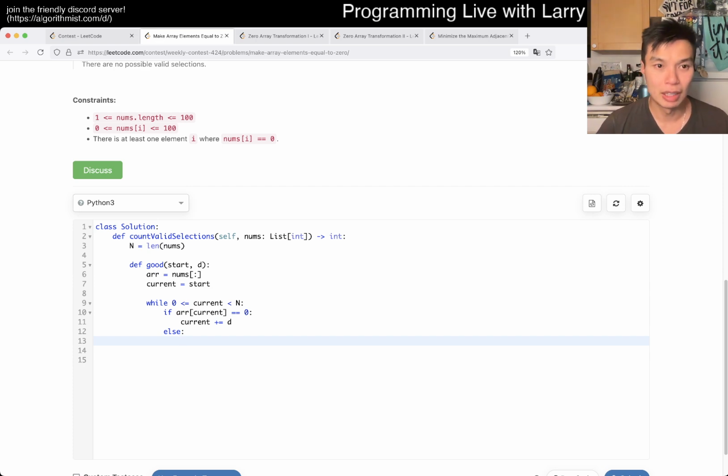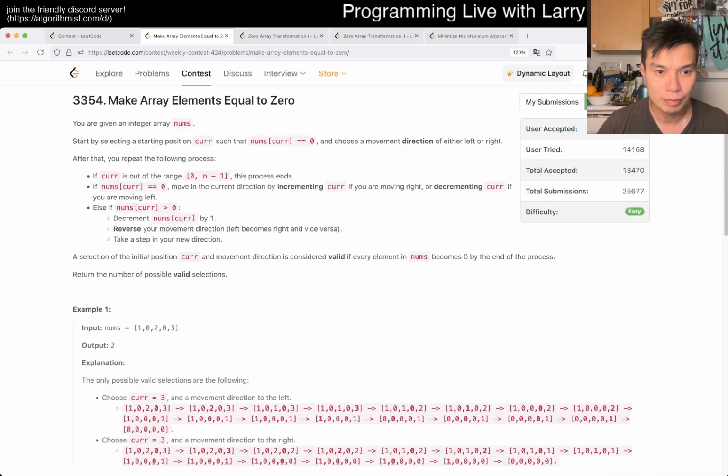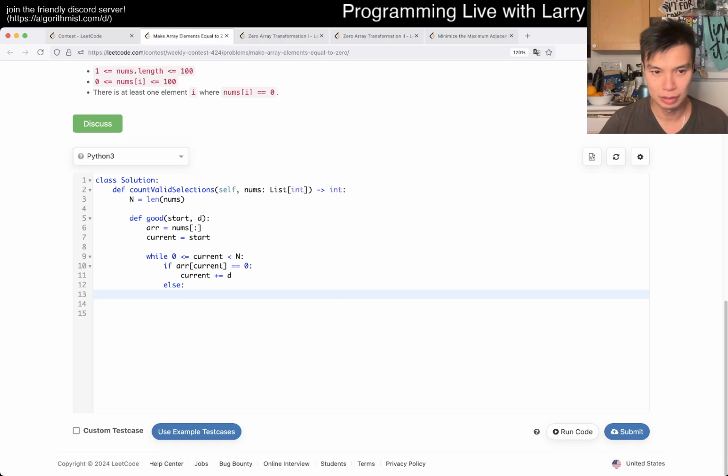Okay, otherwise, oh yeah, that command and reverse, and then reverse.